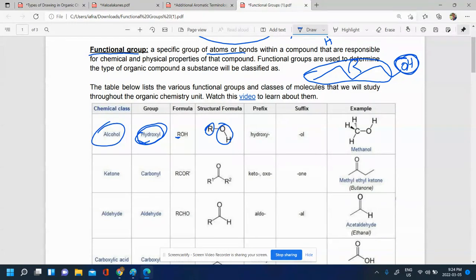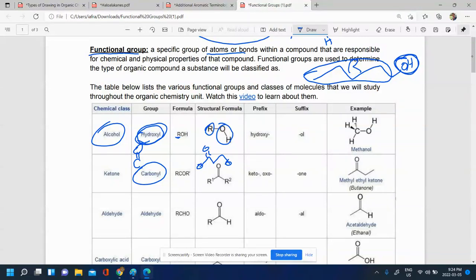There's another functional group called the carbonyl group, and that's really just a C double bond O. If you have the carbonyl group in the middle of a carbon chain, so for example, here's a carbon chain, essentially not at the ends, so not here or here, but maybe somewhere here.